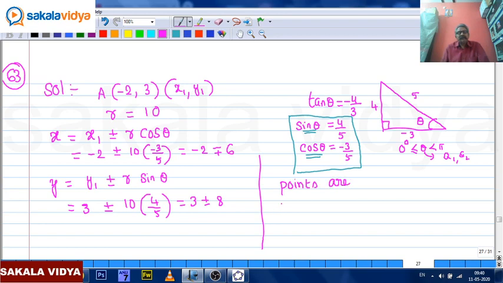The points are: first, minus 2 minus 6 comma 3 plus 8, this is one point, or the other point is minus 2 plus 6 comma 3 minus 8. That implies minus 8 comma 11 or 4 comma minus 5.